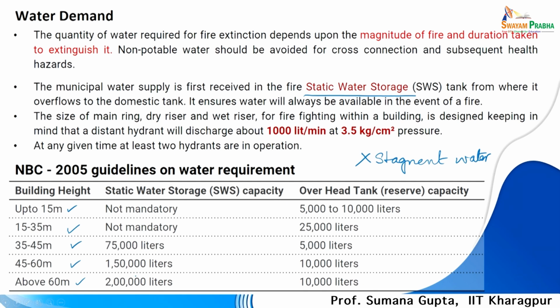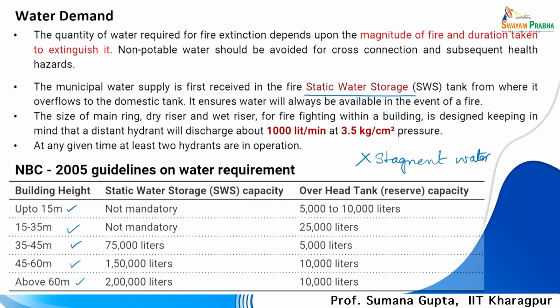Whereas the overhead tank has its own mandate: every building has to have a reservoir of 5,000 to 10,000 liters capacity. This can be spread into a few overhead tanks, and they can be connected, so that the overall demand can always be met in case of a fire.